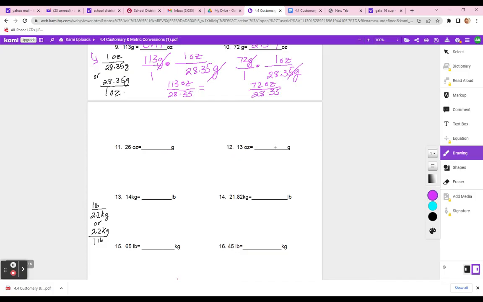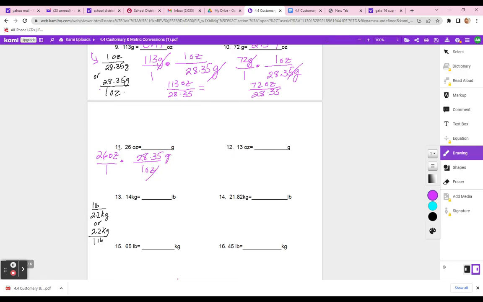All right, next, start with 26 ounces as a fraction. We want ounces to divide out, so we're going to need ounces on the bottom, so we're going to use this conversion factor. 1 ounce is 28.35 grams.